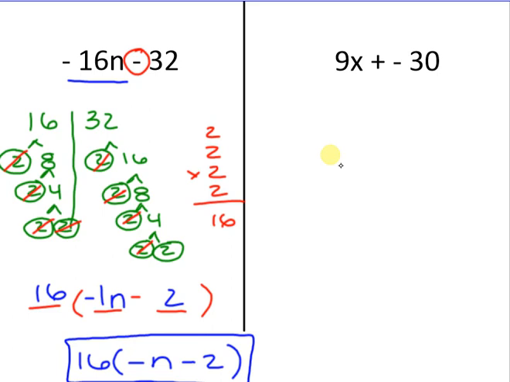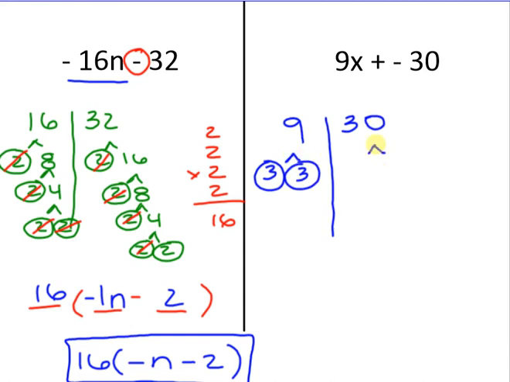All right, let's take a look at the next one. So we have 9 and 30. So we're going to split up 9 as 3 and 3. We're going to split up 30 as 2 and 15, and then 3 and 5. So our matches here, we're just going to have a match of 3's.